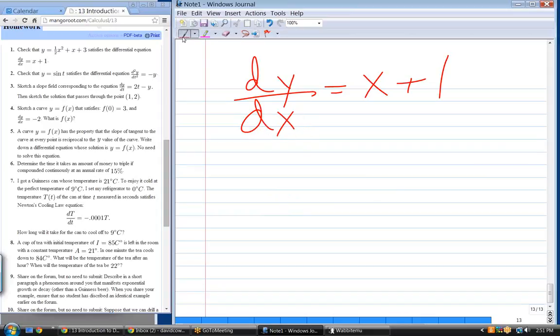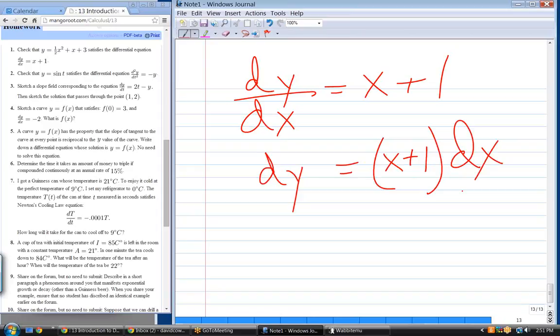The best way to solve these is to separate the variables and then integrate both sides. Well, if I separate the variables, I get this. You with me on that step? Mm-hmm. Now integrate both sides, which you can always do.